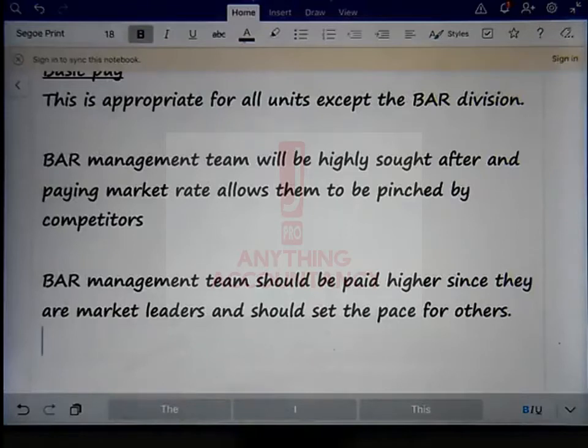Clear? If you're a market leader, you better set the pace. If you can't set the pace, then you got a problem.